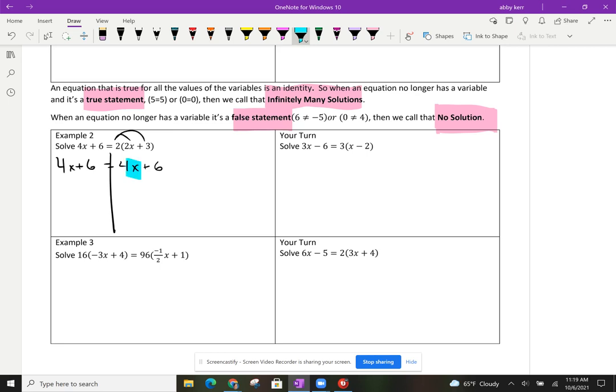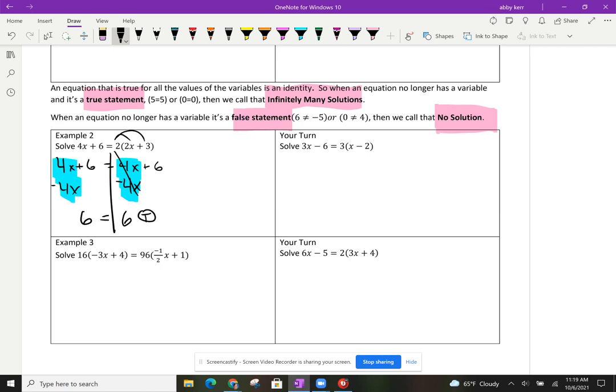What the new step is that we learned is that we have to get the variables on one side. So I'm going to undo adding 4x by minusing 4x. But notice what happens. 4x minus 4x goes away and I'm left with 6. And then same idea, I'm left with 6. 6 equals 6 is a true statement.